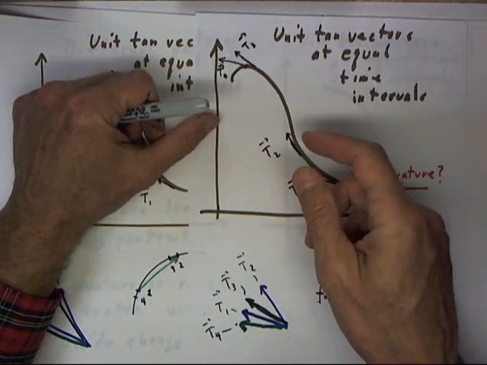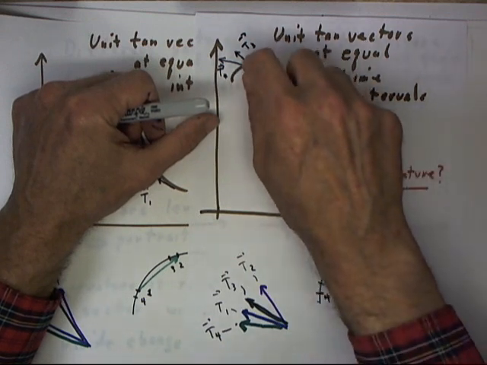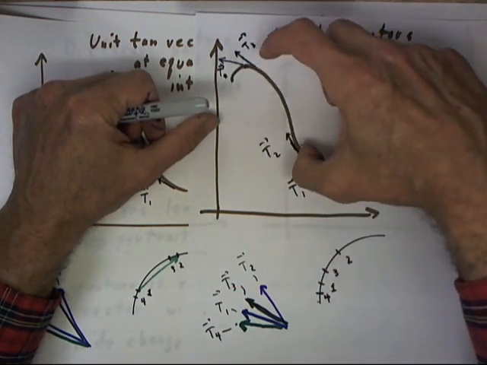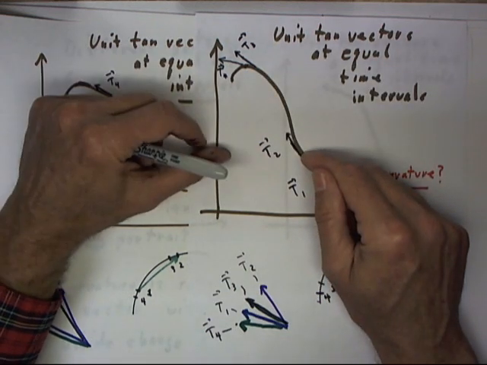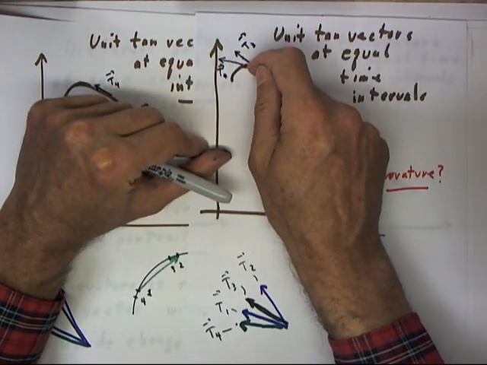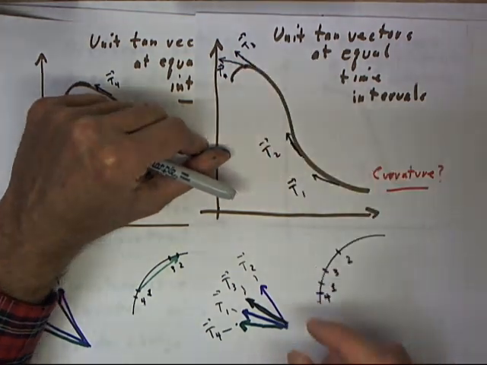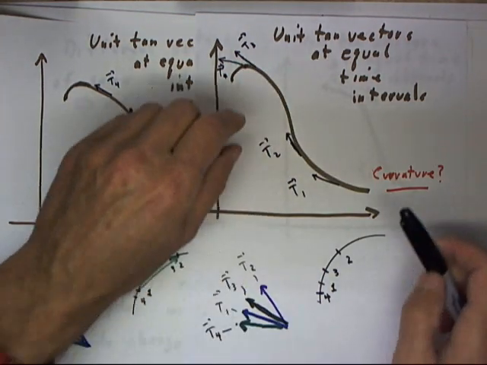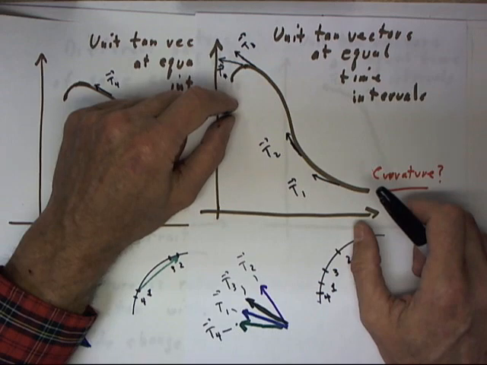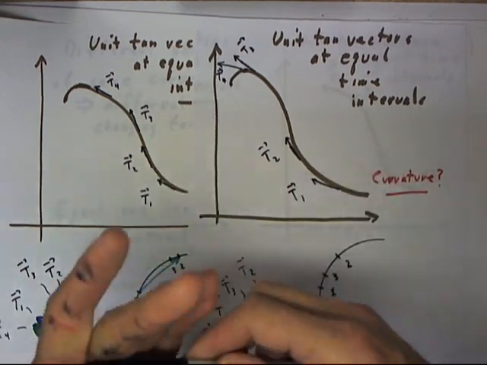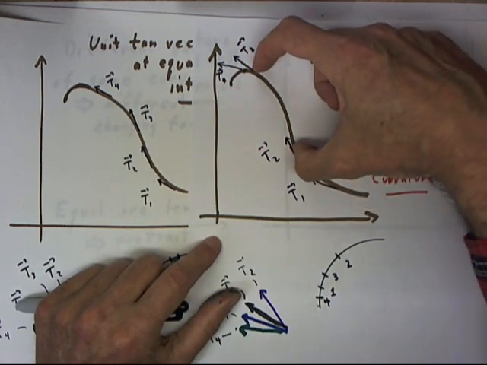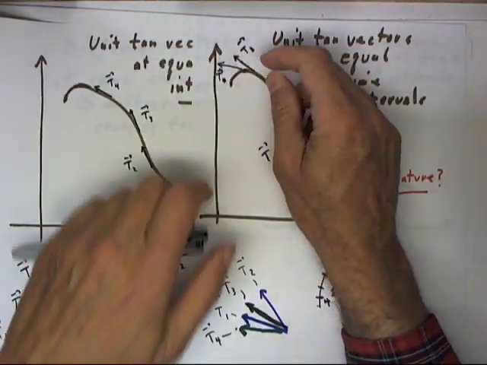So we have a pretty good speed along the curve here, and we get faster between here and here. Now, we don't know what happens between this instant and this instant, but on the average we're moving faster as we go around here than we are when we go around here, and we're not moving very fast as we go from here to here. However, where is it that this thing curves the most? Is the path curvier between here and here, between here and here, or between here and here?